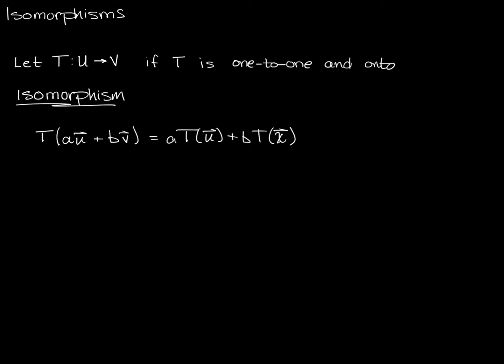But it's not so much a requirement as an outcome. This will happen if the transformation is an isomorphism. When this happens, though, we say that the domain and the codomain are isomorphic. U and V are isomorphic.